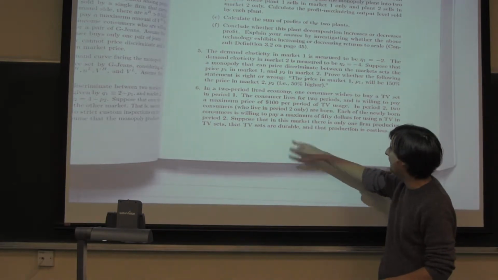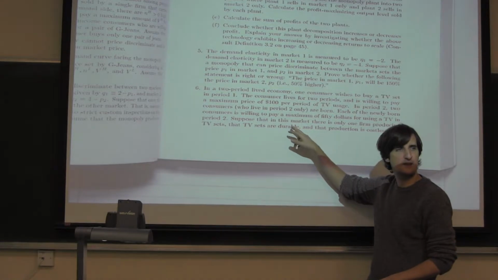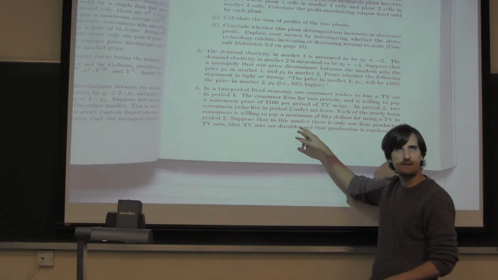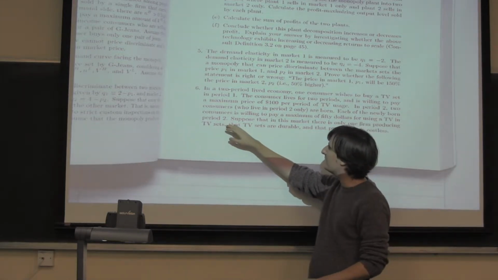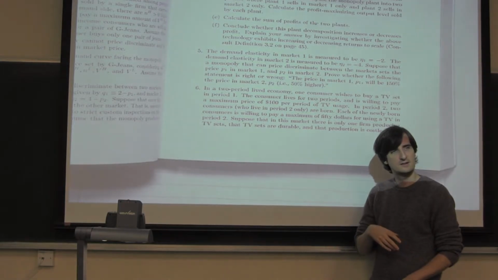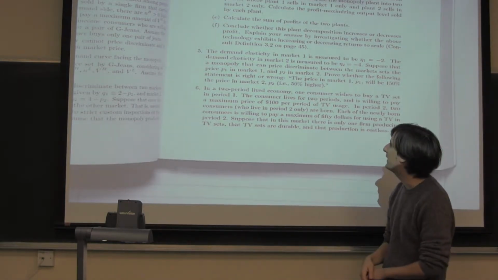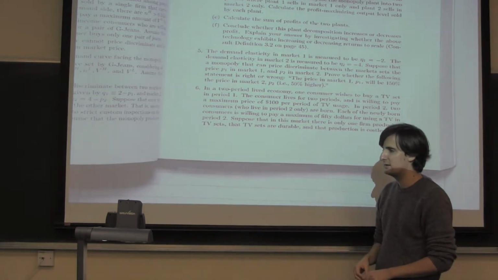So if they charge a price of 50, then in the second period, they're at least getting the 50 from selling to the low value consumer, and if the high value consumer hadn't bought in the first period, they're going to get that 50 as well.